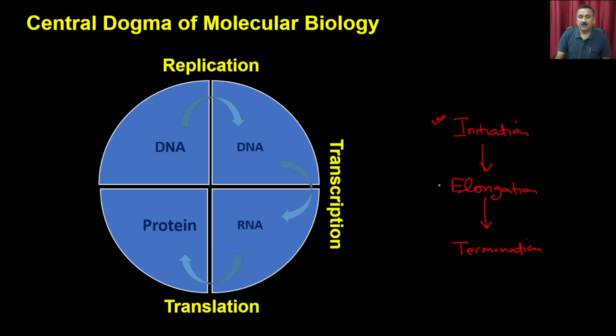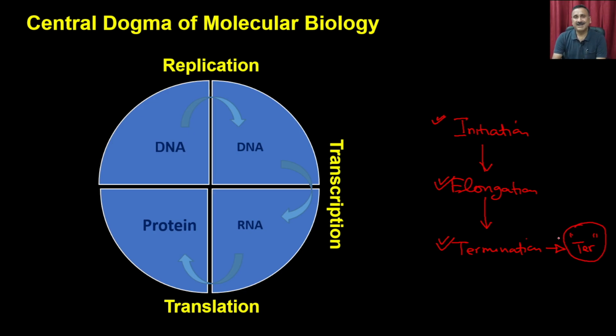After that, it enters the elongation phase, where the DNA polymerase sits and starts adding nucleotides as per Watson-Crick base pairing. Then it enters termination, which is done by the TER sequences, which interact with the termination machinery, and that is how it terminates.